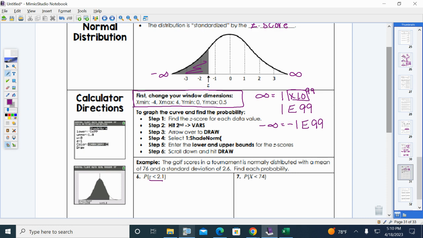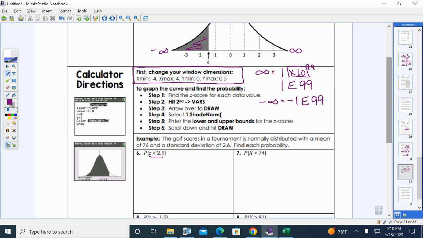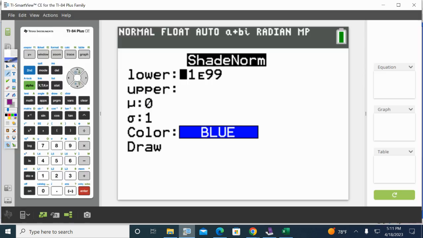So I'm going to go back to our paper here. This says the probability that the z-score is less than 2.1. Well, if it's less than 2.1, then we're heading towards negative infinity. So my lower boundary needs to be negative infinity, which it already is. My upper boundary is going to be that z-score of 2.1.